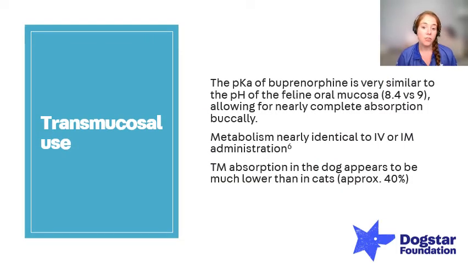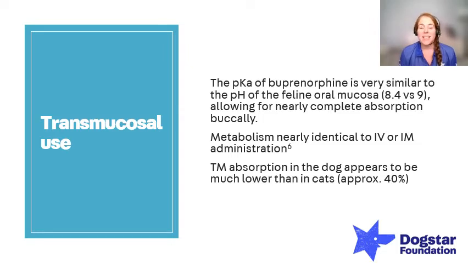A quick note on transmucosal use. I mentioned this with cats. The pKa of buprenorphine is very similar to the pH inside a cat's mouth. So this allows for nearly complete absorption buccally, so through the mouth, through the cheeks. The metabolism of the transmucosal administration is nearly identical to intravenous or intramuscular use in cats.